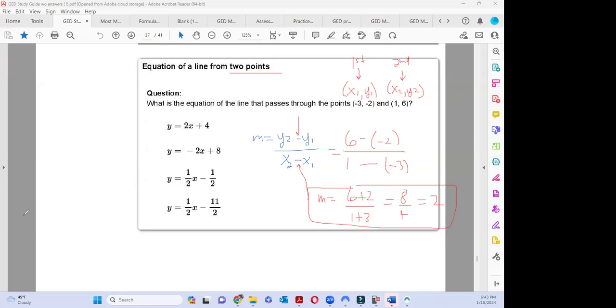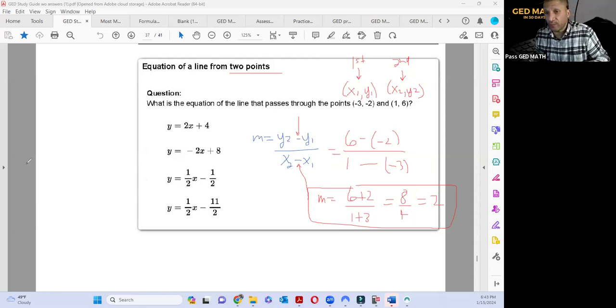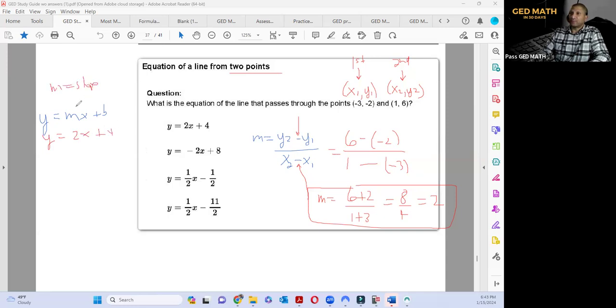So right away, you should say, oh, I know how to find the slope from slope-intercept form. Because if you don't, I'm going to show you right now. y = mx + b. So all you're doing is lining it up. y = 2x + 4. Since m is my slope, here it is 2.